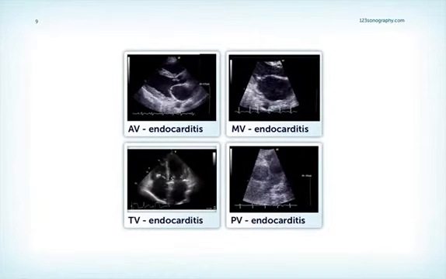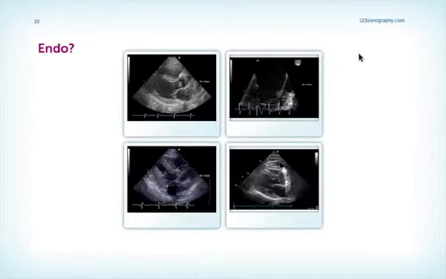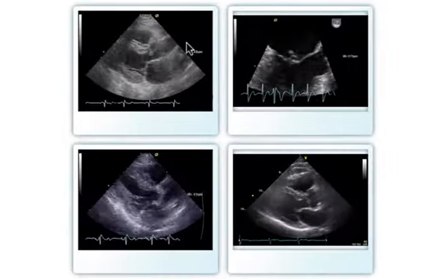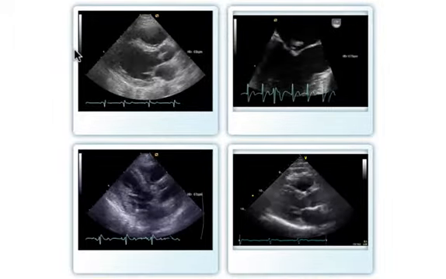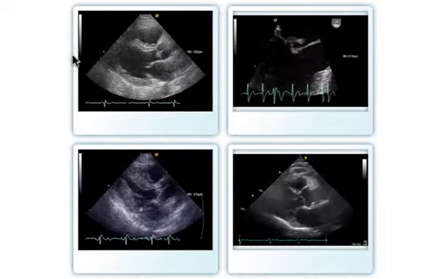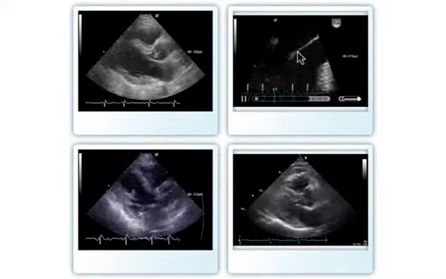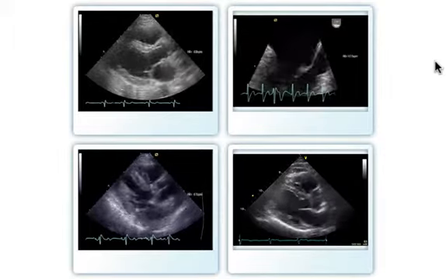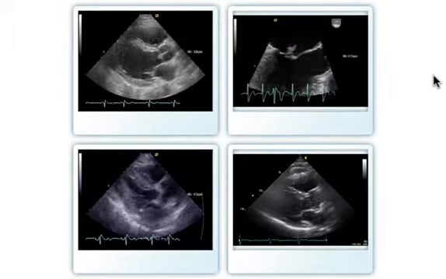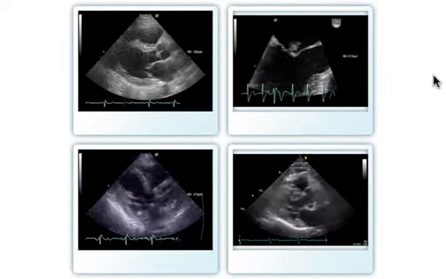Patients, do they have endocarditis? Well, here we have a structure on the aortic valve which looks very similar to the previous cases. However, this was an aortic valve fibroma. And here we have a structure on the posterior leaflet. A vegetation? No, this is part of a papillary muscle in the setting of papillary muscle rupture.